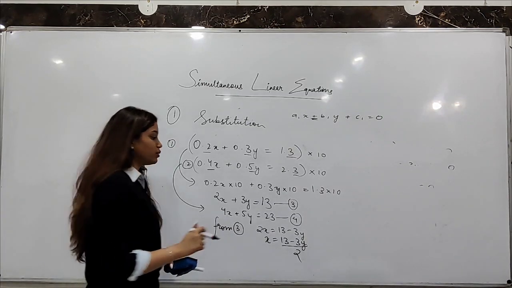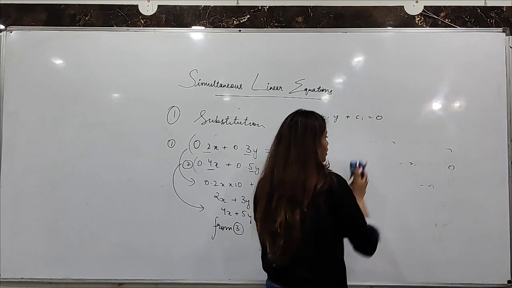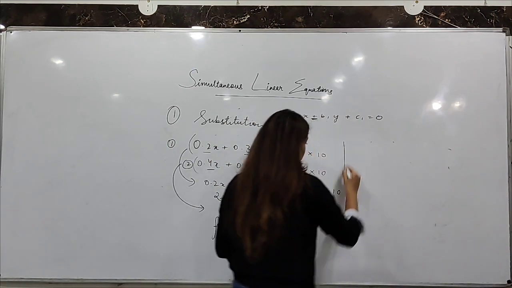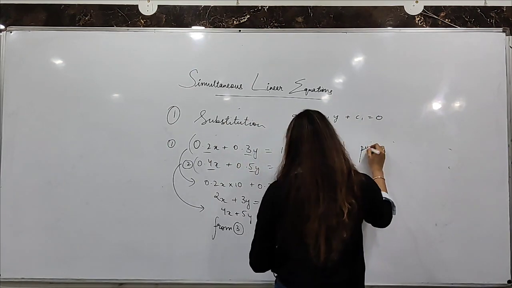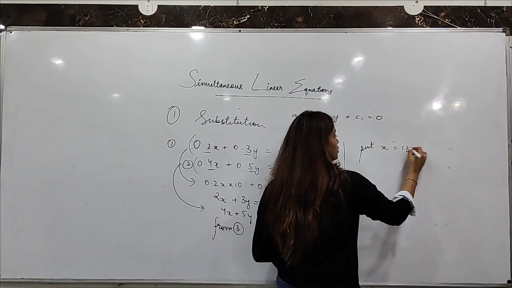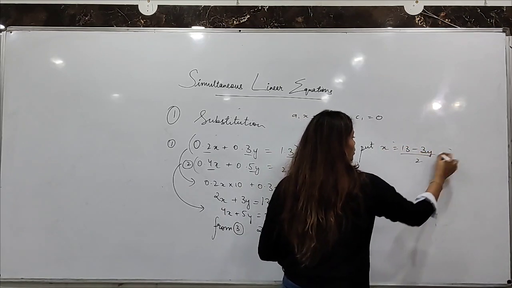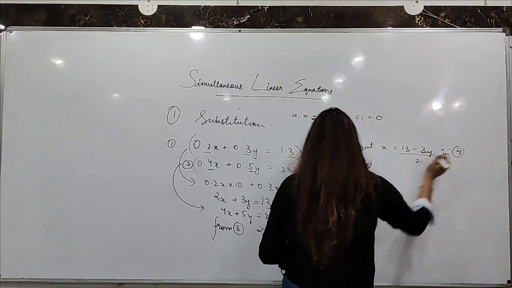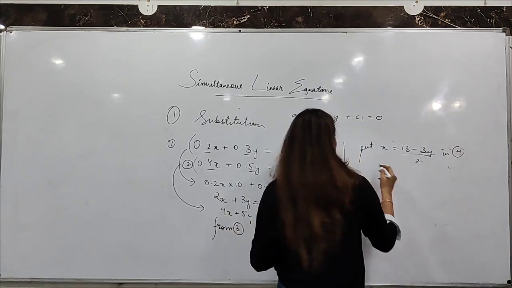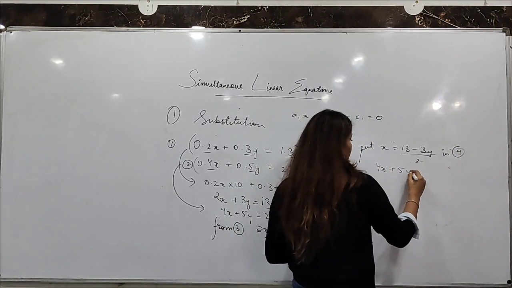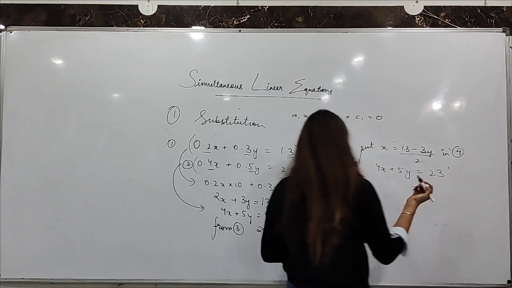We'll put it in the next equation. Put x is equal to 13 minus 3y upon 2 in 4. So our fourth equation is 4x plus 5y is equal to 23.